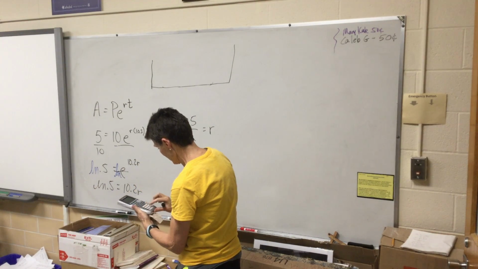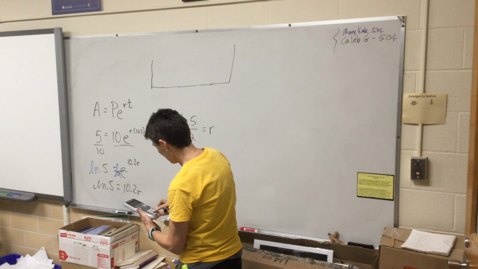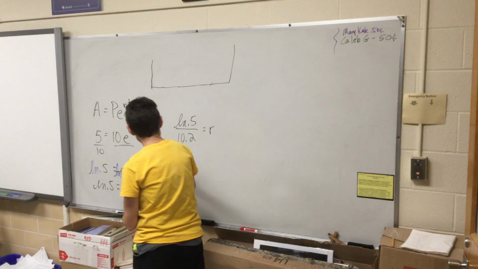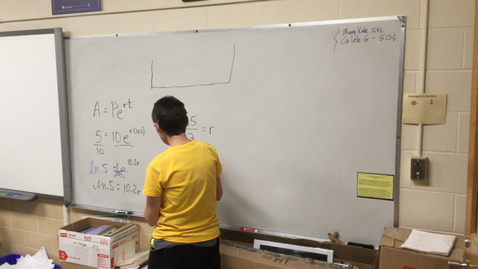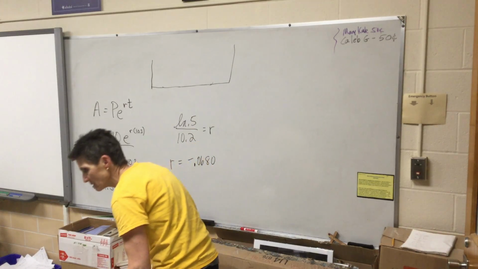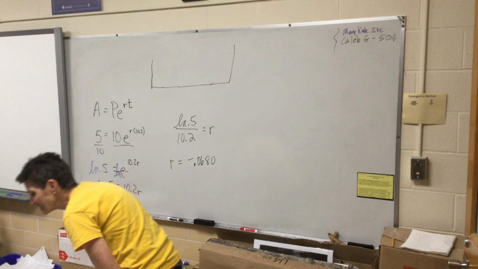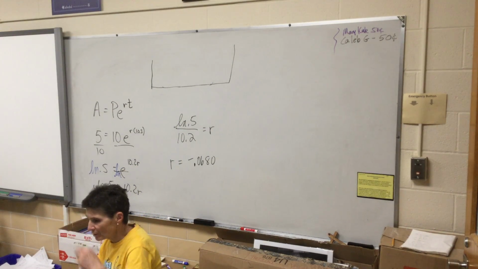So what do we get? ln 0.5. Please don't forget to close the parentheses. Did you get negative 0.0680 if I rounded off to the 10,000th? Yes. Okay, wait a second. Why is that negative? Should that be negative?